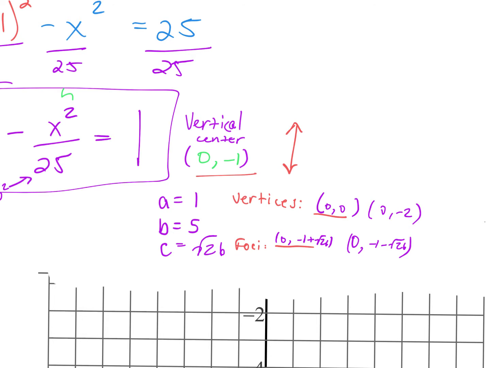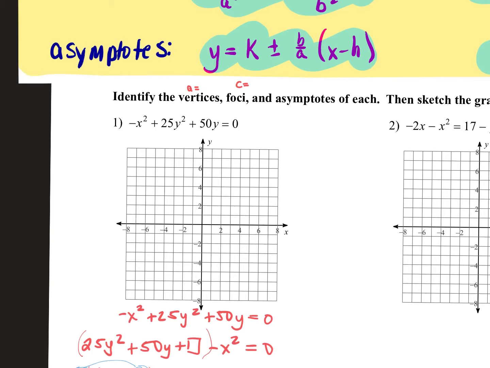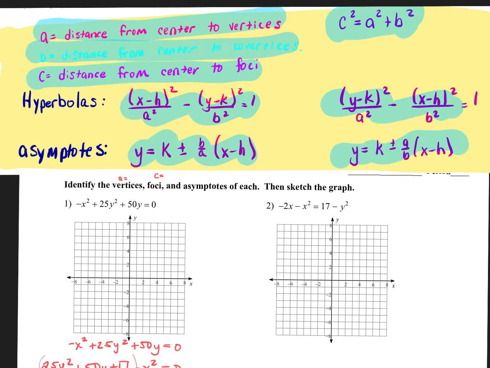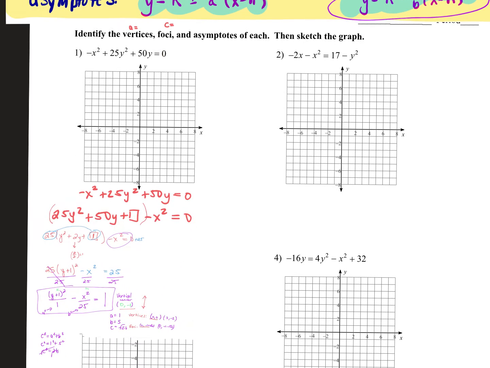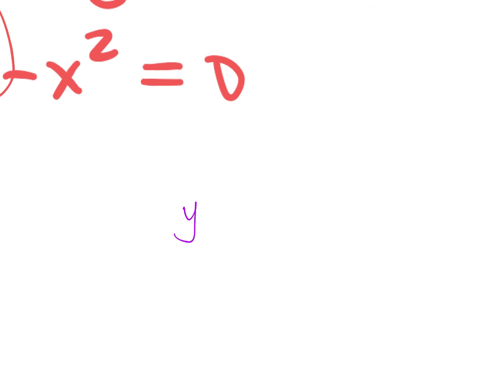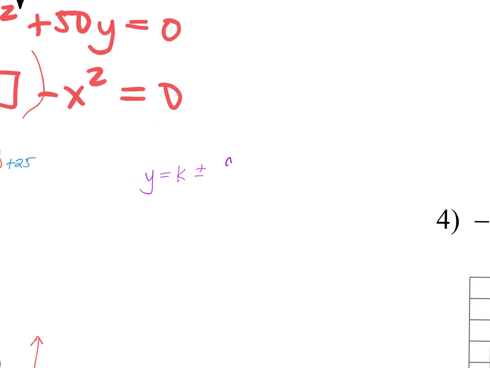If I asked you guys to tell me what the equation of the asymptotes are, what kind of a hyperbola are we talking about here? You guys told me it was vertical, right? So then I use this equation, y equals k plus or minus a over b times x minus h.